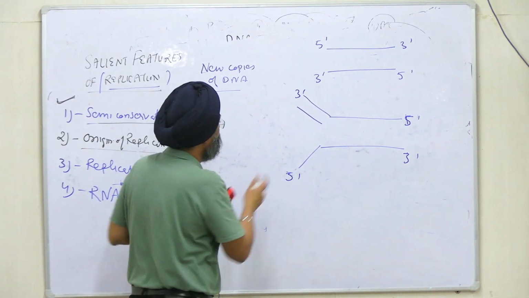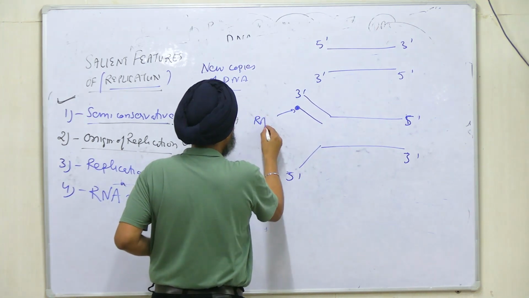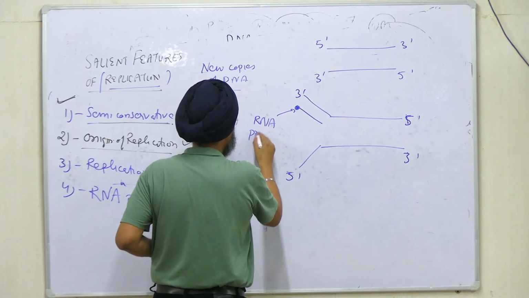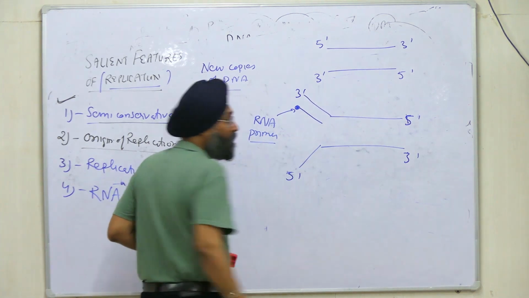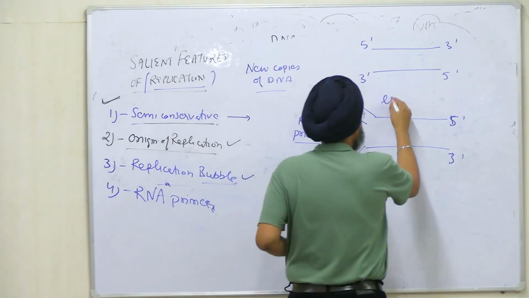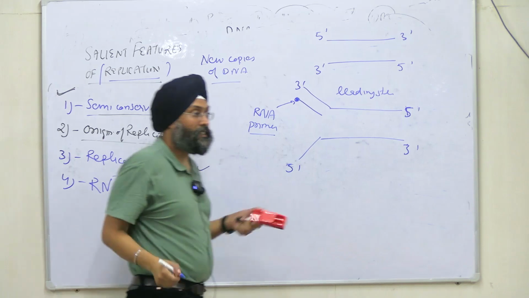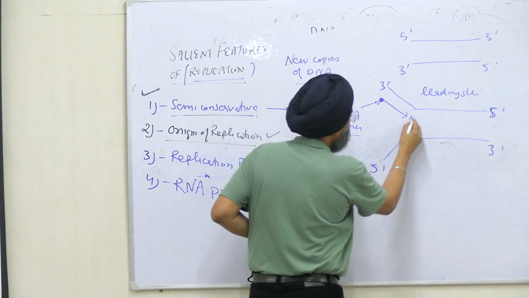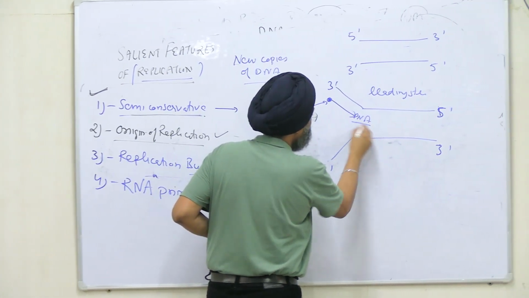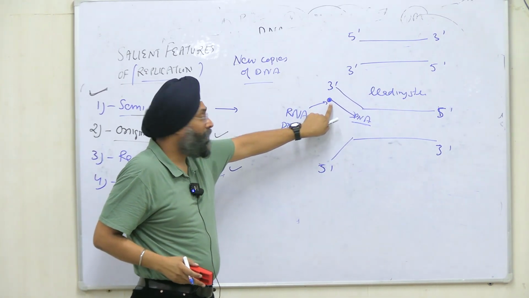There is a point here that is known as the RNA primer. On the leading strand, when we synthesize new DNA, the synthesis starts from a point that is known as the RNA primer.